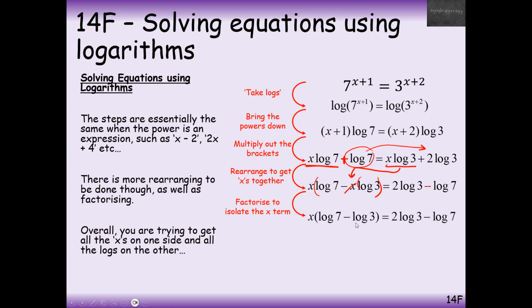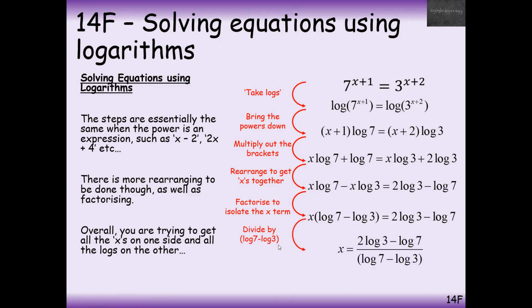So factorizing the x there, we rewrite it and get this expression, dividing by that. We didn't rewrite it as one log, but that doesn't matter. You can type this on your calculator, it will just be a bit longer to type.